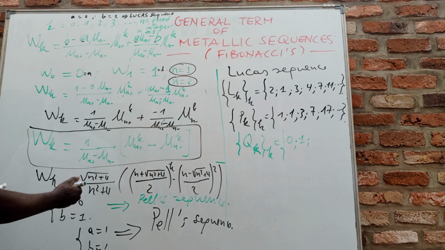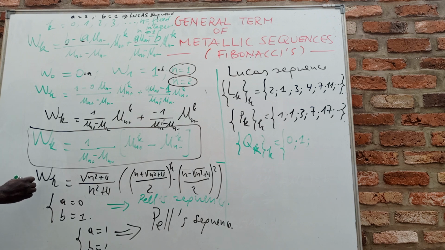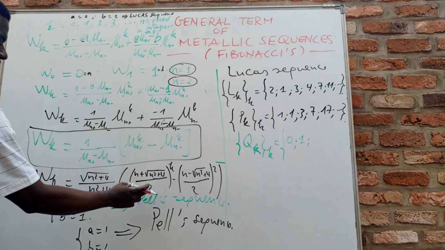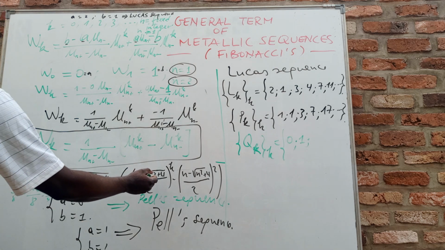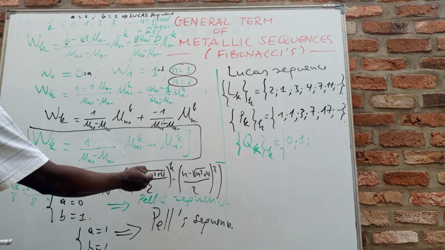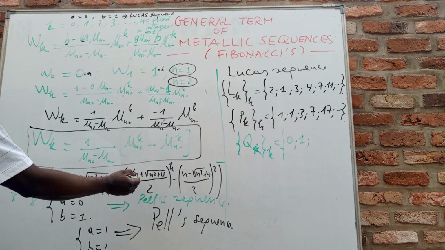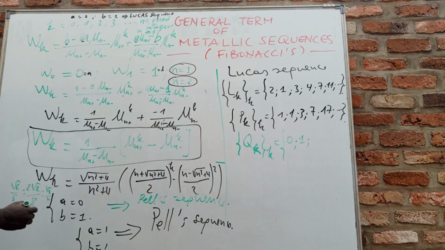Because here we are going to get this quantity. It's going to be square root of 8 over 8, and 4 out, it's going to be 2 square root 2 divided by 8. It's going to be equal to square root 2 over 4. Now inside here we have n equal to 2 plus the square root of 2 times square root of 2 times 2, and if you divide by 2, it's going to be equal to 1 plus the square root of 2.